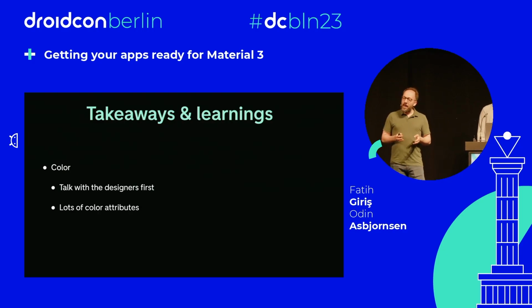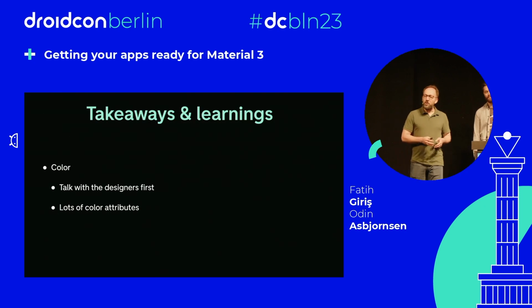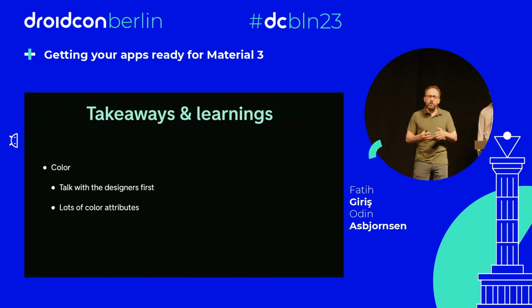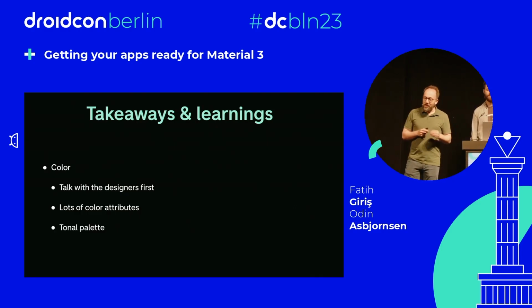And we had lots of color attributes, and because we have a custom design system, we needed to actually know what attributes we have in Material 3 and how we are going to map our current attributes to those Material attributes. So that's really important.